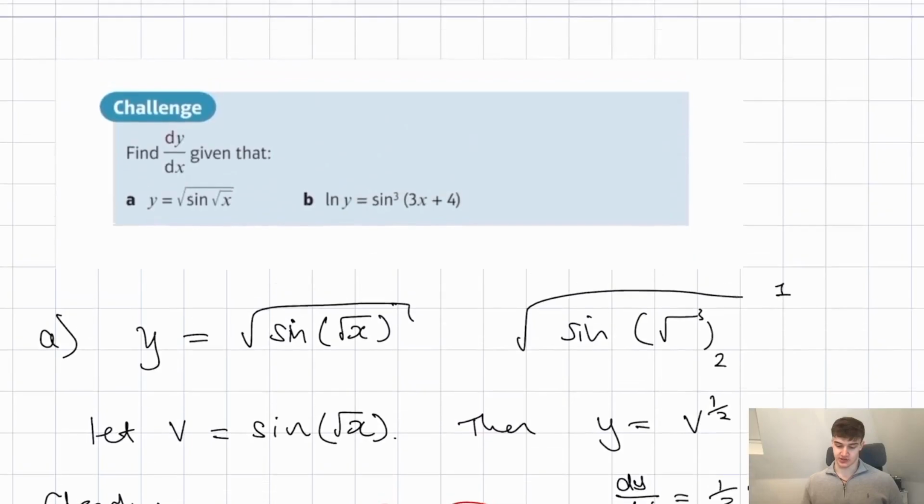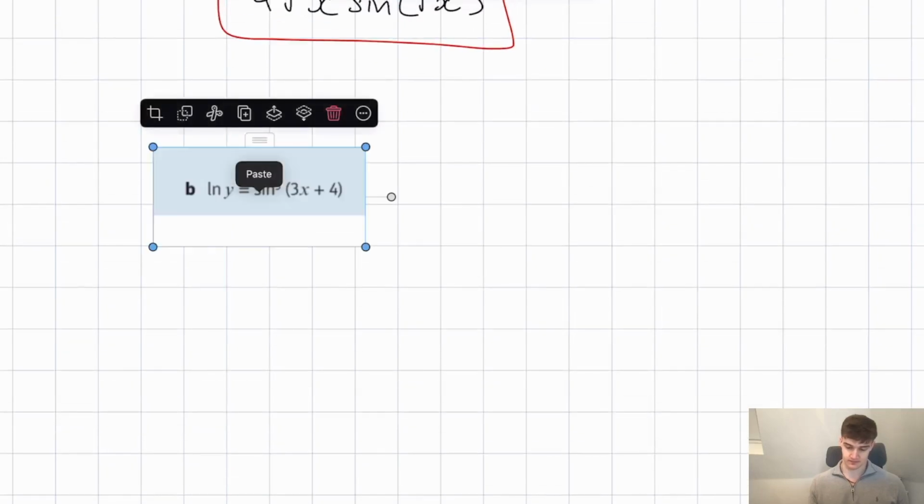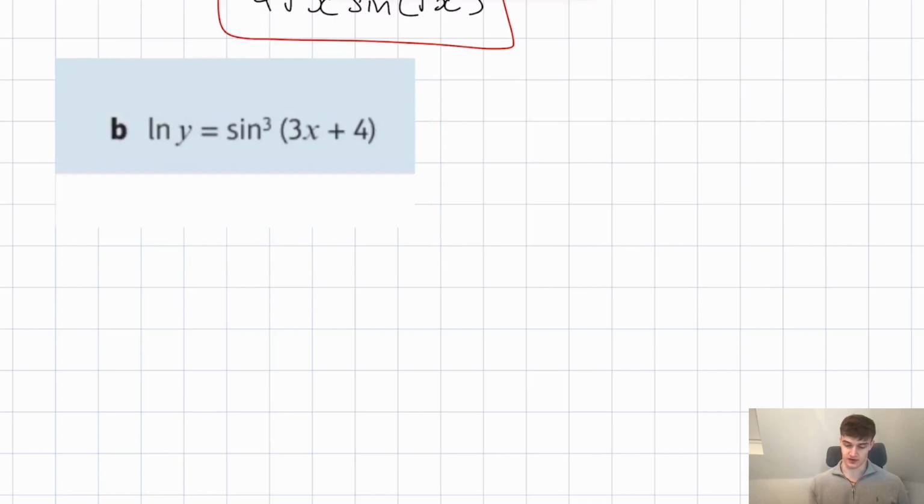So let's try the next one. Let me copy that. So again, we want to find dy by dx. So definitely try this one if you didn't try the last one before I do it.